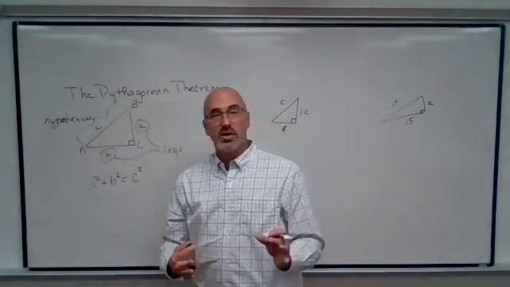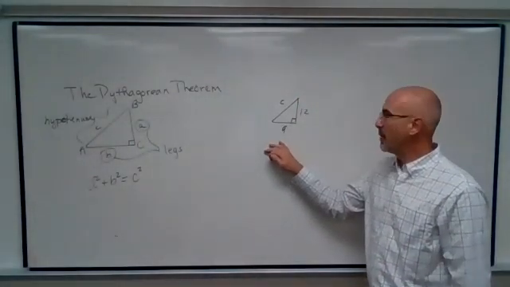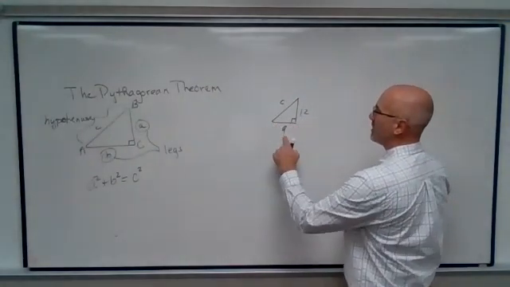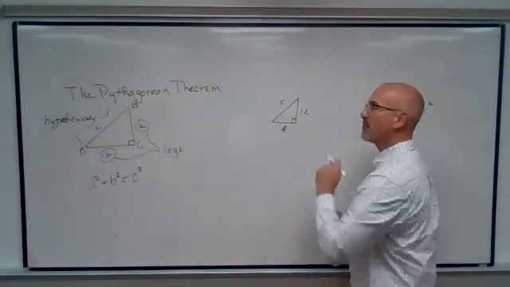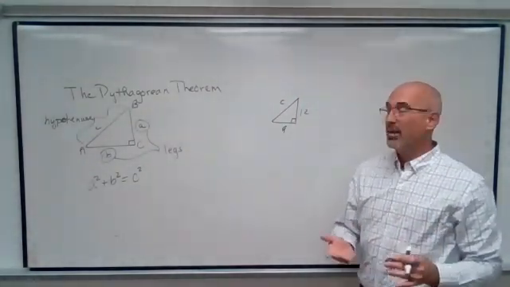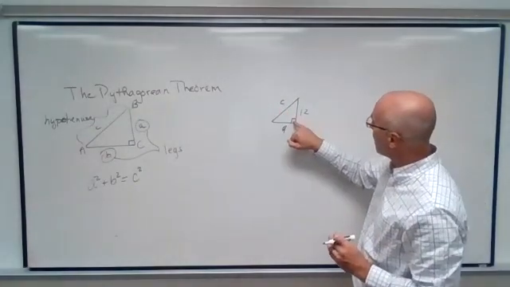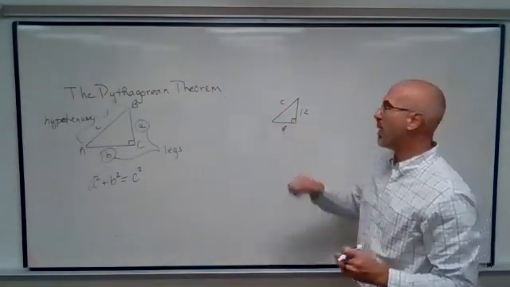So let's use that. Let's look at this right triangle. We have one of our legs is 9, one is 12, and we're trying to find C. C is our hypotenuse. How do we know that? Well, of course, it's labeled as C. But we also know that because across from the right angle is always our hypotenuse.